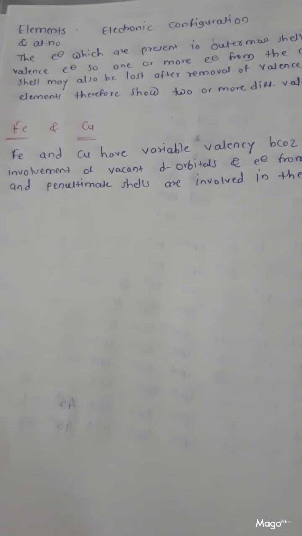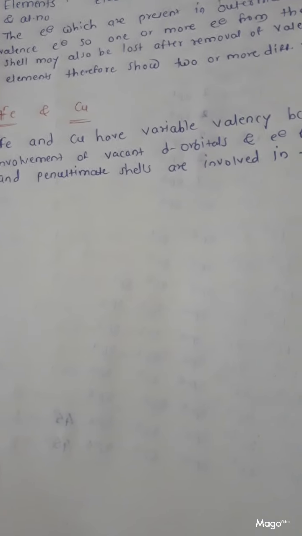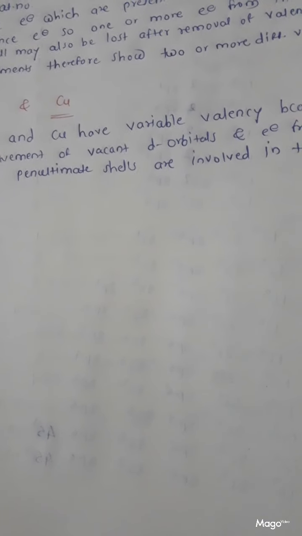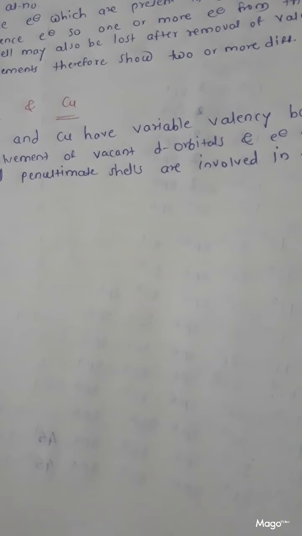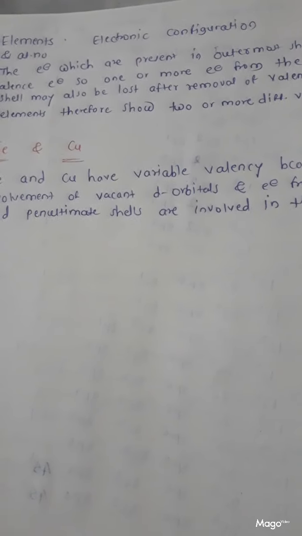But sometimes the penultimate shell, meaning one more shell, gets involved, and from that electronic configuration that shell may also lose one or more electrons. That's why that element shows more than one valency, and that is called variable valency.